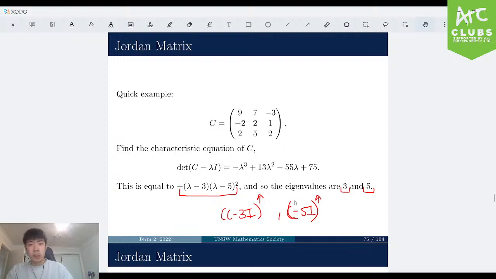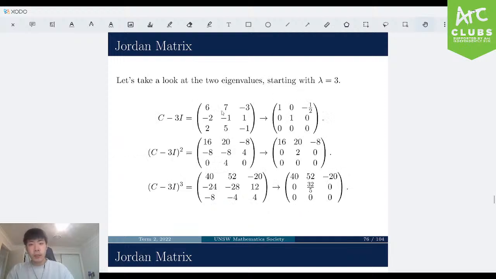Okay? So for example, if you look at C minus 3I, it becomes this. If we reduce, it becomes this. What is its nullity here? Well, the nullity is just the number of non-leading columns. In this case, this is a non-leading column, so its nullity here is 1. Okay?